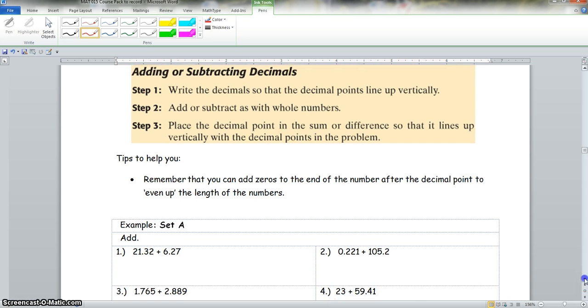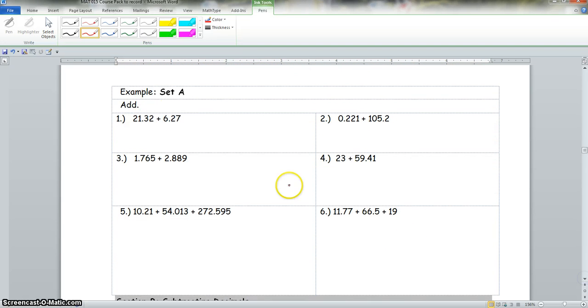So now let's go through here and take a look at number 1. This would be 21.32 plus 6.27. Now what we're supposed to do here is line up the place value. You know that this 2 is in the hundredths place and so is this 7.